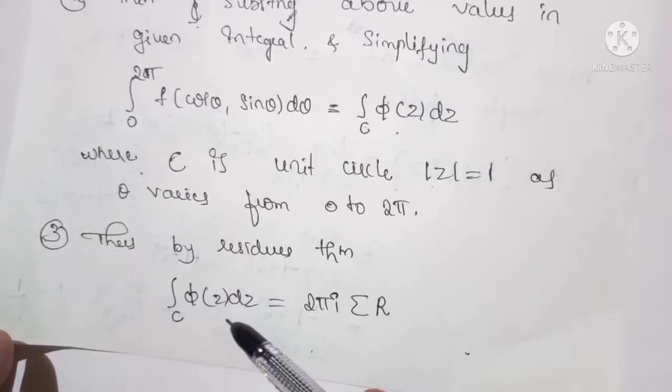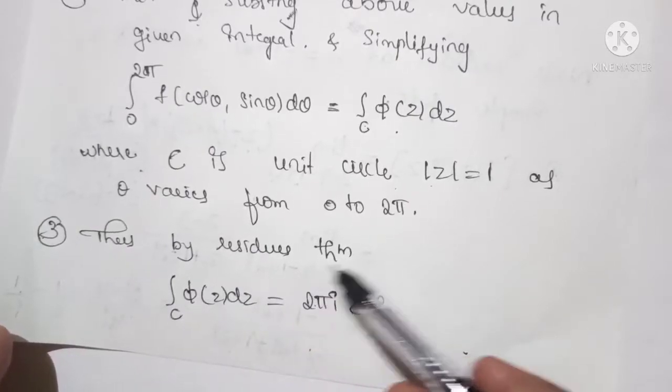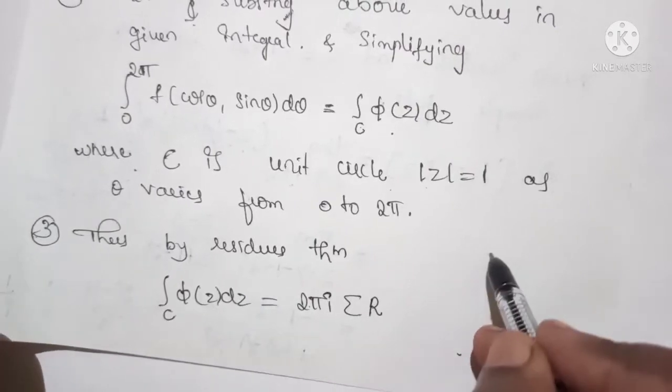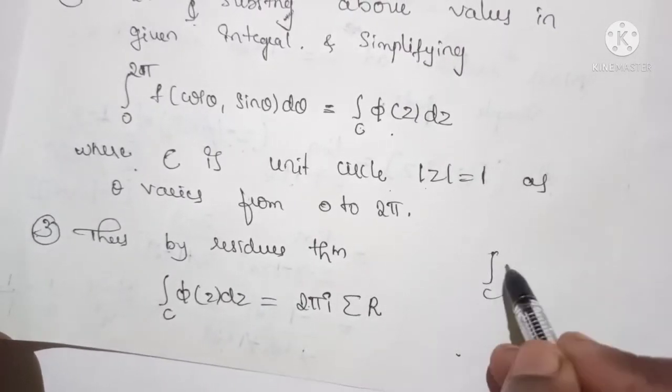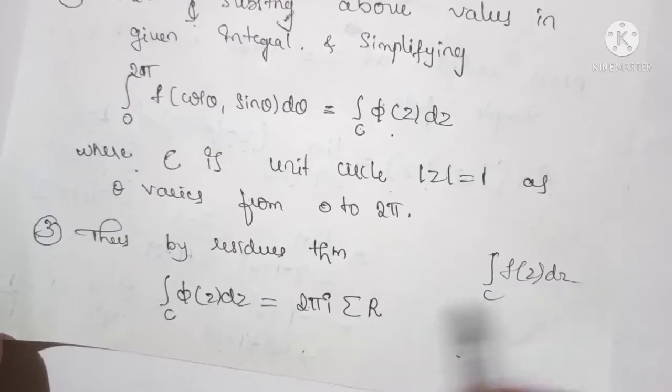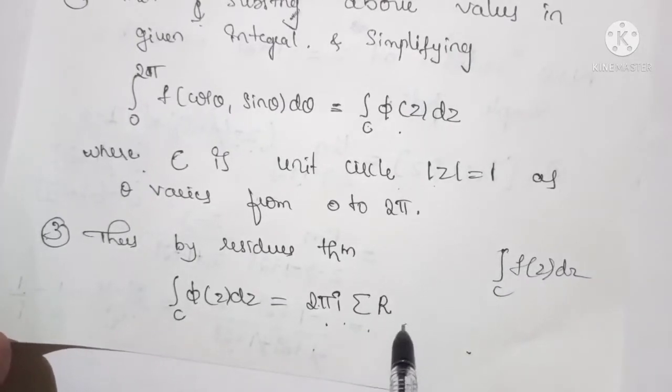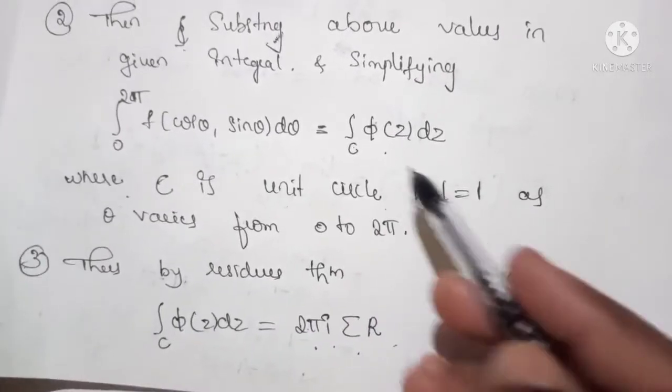In the third step, by Cauchy's residue theorem we have the integral over c of f of z dz equals 2 pi i times the sum of the residues. So instead of f of z we have phi of z.